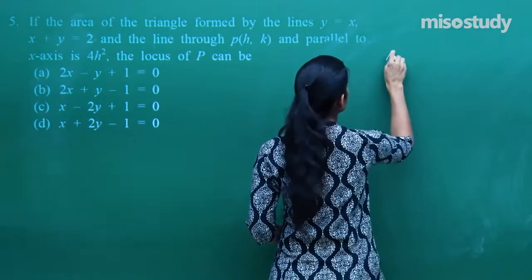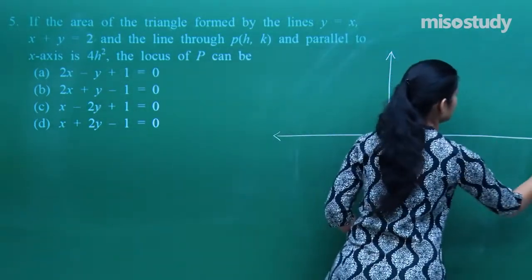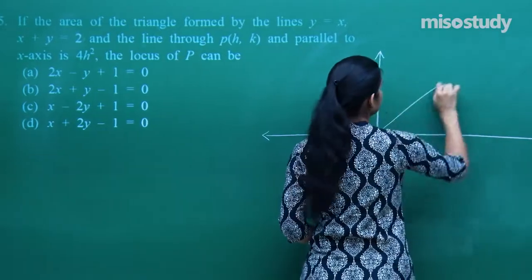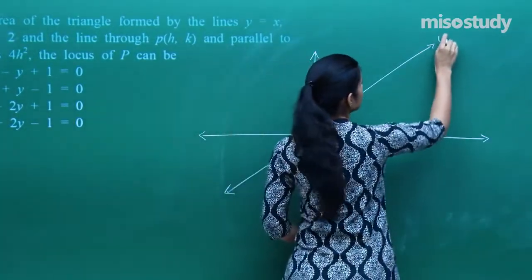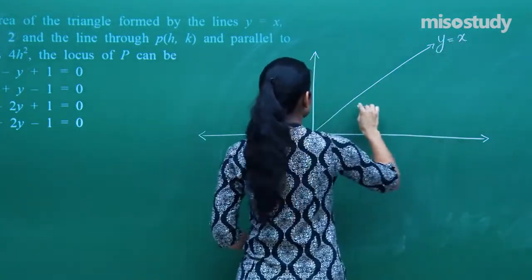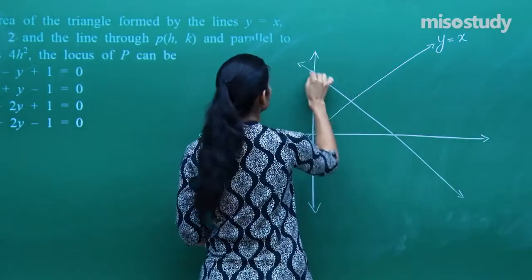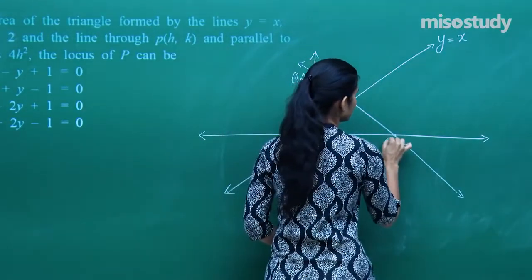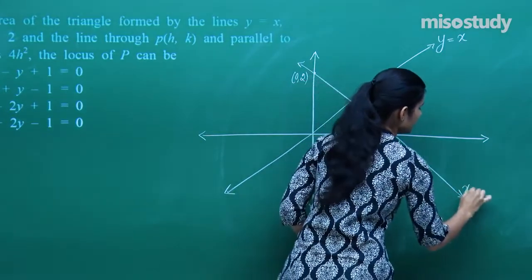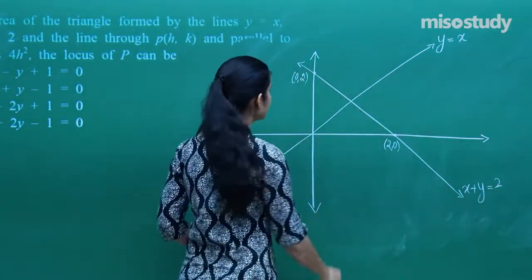Okay, so let's try to understand the scenario. y equals x, this is y equals x, x plus y equals 2, this point is 0, 2, this point is 2, 0, fine.